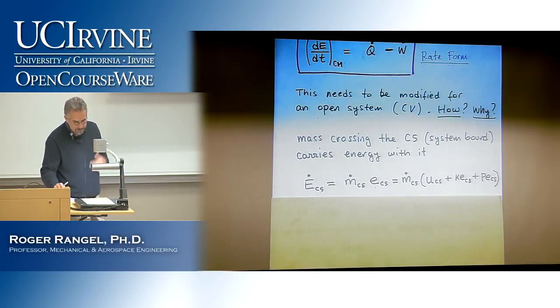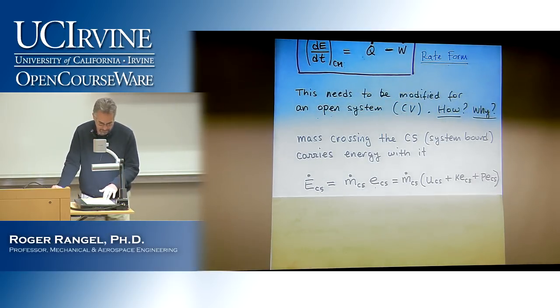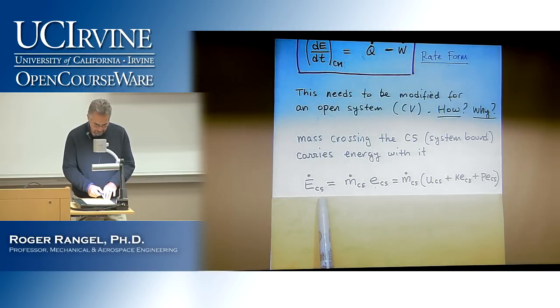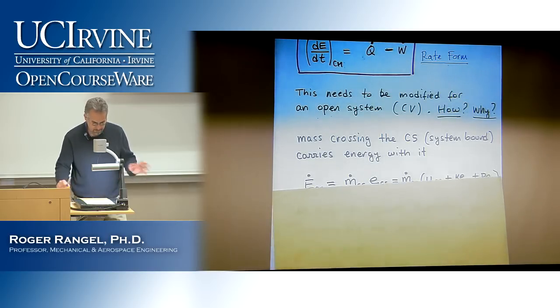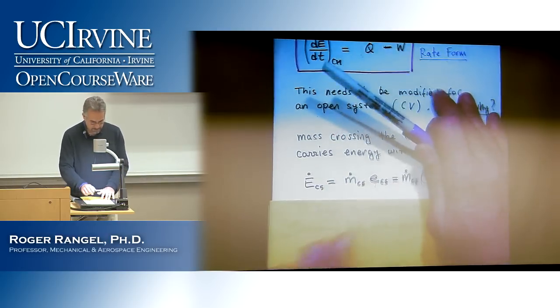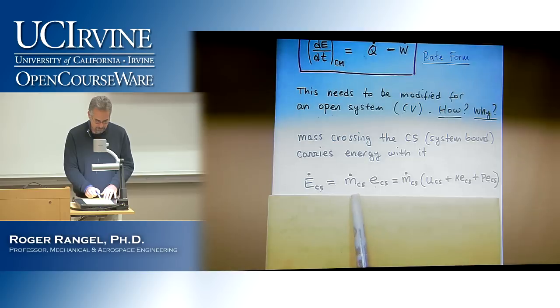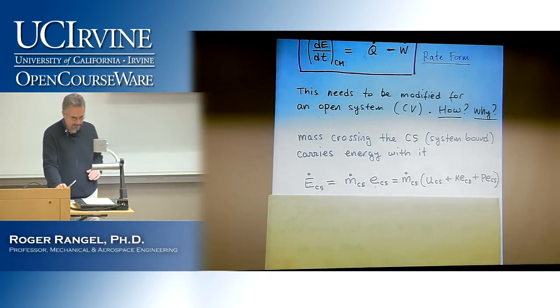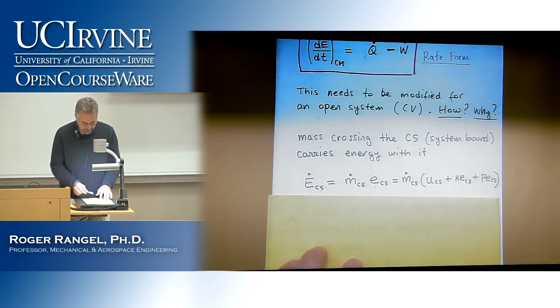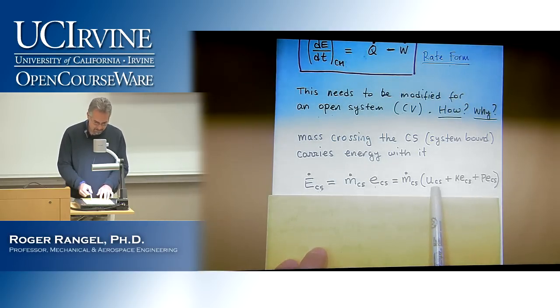So let's put some symbols to this. E dot control surface, right? The mass that is crossing the control surface has some energy, carries an energy rate, capital E dot, which of course will be the mass flow rate times the specific energy that that mass has. And like I said, for the most part, that e, lowercase e, is really lowercase u, internal energy.